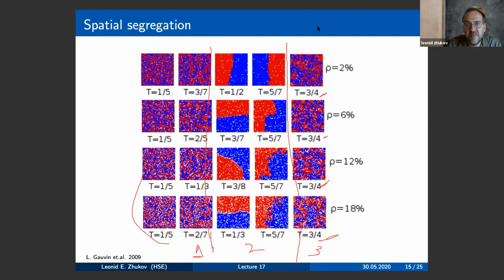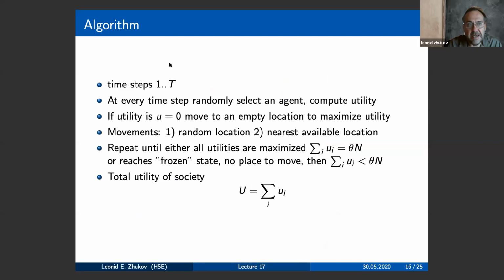And of course, they depend on the number of vacant places. They depend on the preference functions, but what they also depend on is the geometry of the problem, right? The original Schelling problem was set up on this regular grid. But you can actually think of very different geometry, and you can use a network to model it.